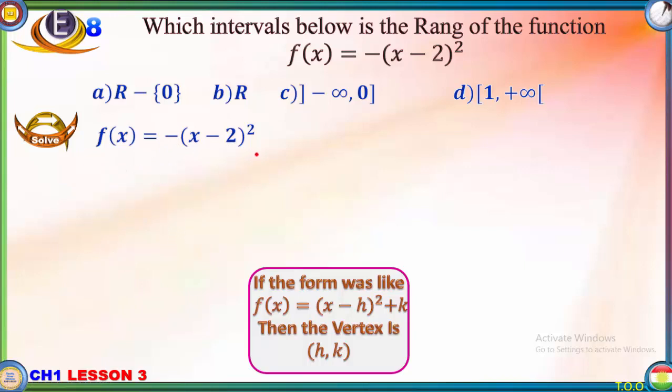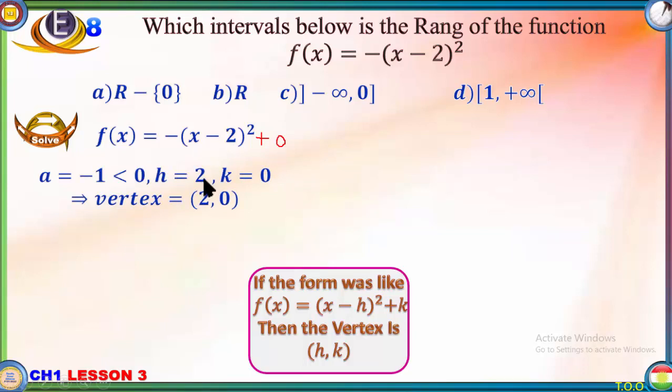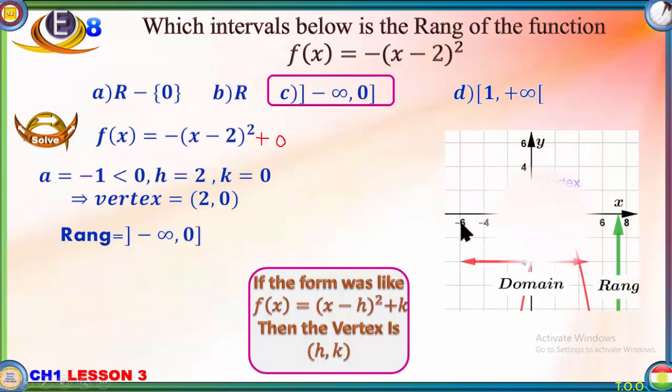Writing the constant as plus 0, h is 2 and k is 0. The vertex is (2, 0). Because a, the leading coefficient, is negative, the range begins from negative infinity to 0. That means C is the correct answer, as you can see in the graph of this function.